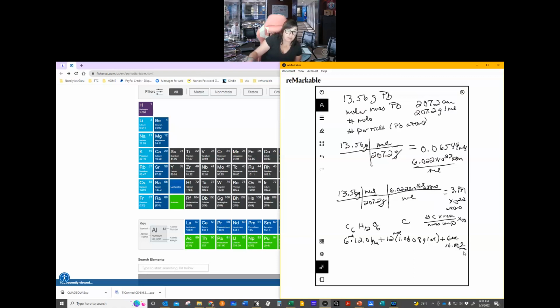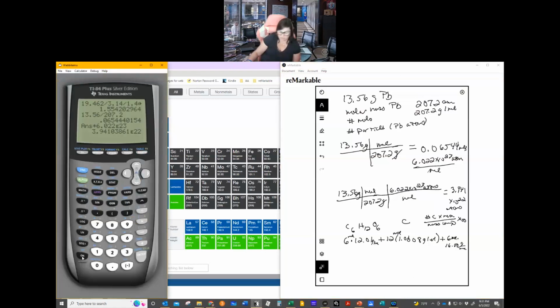If I add all of that together, which I can do on my calculator, I have 6 times 12.01 plus 12 times 1.0008 plus 6 times 16, and that gives me this answer, 180.696.